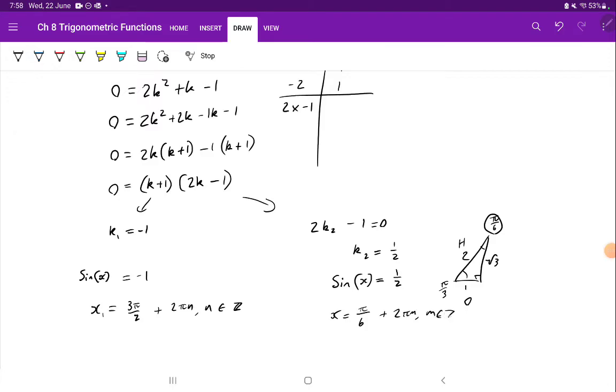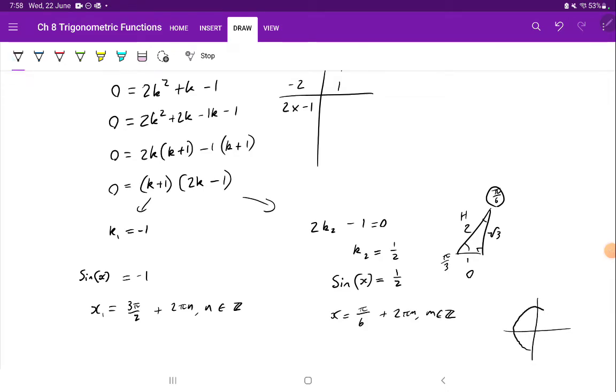Alrighty, but remember that's only one solution, because of symmetry, we're actually going to have multiple solutions. So let's draw up a unit circle. Okay, so pi on 6 here, and we're looking for the sine quadrant, because that's the all quadrant. Yep, so that's going to be the other place where it's going to be.